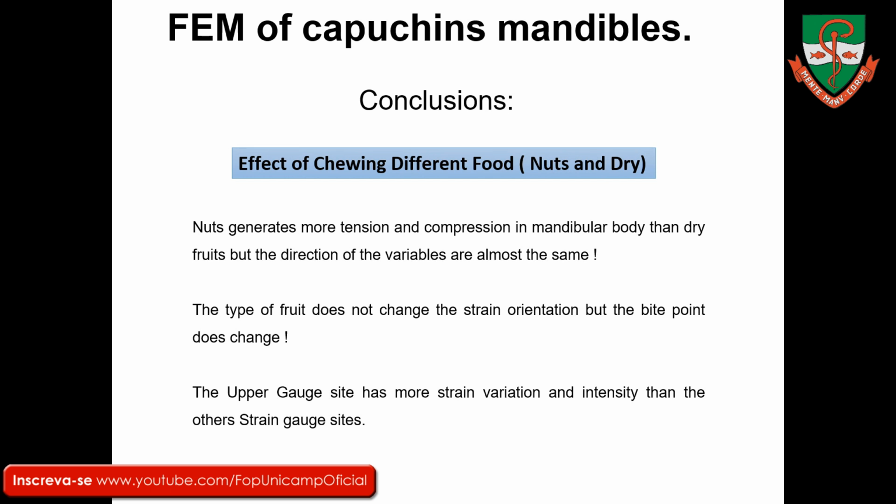I'm not sure, but I think that must be because of the position of this gauge site. I'm not sure about that, Callum. Maybe it's the position nearby the teeth, I don't know. Okay?